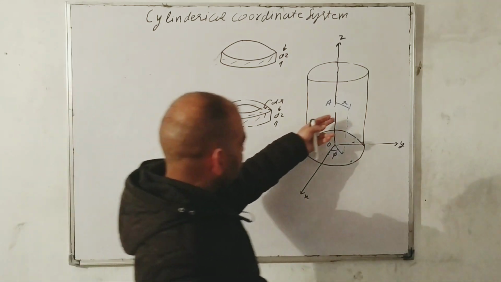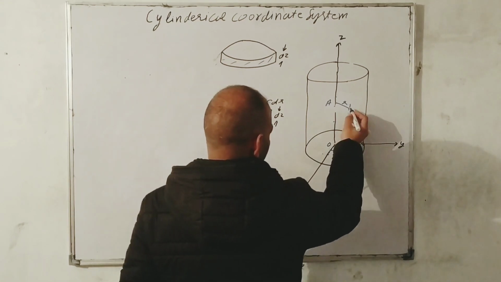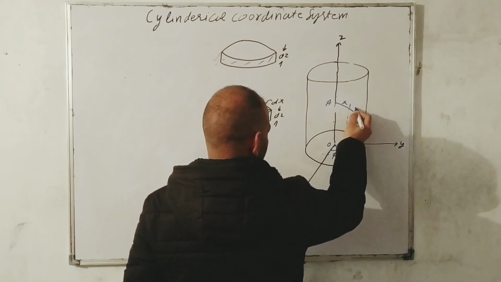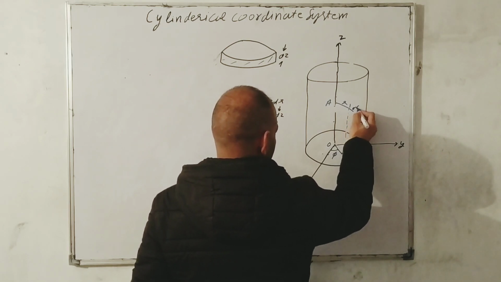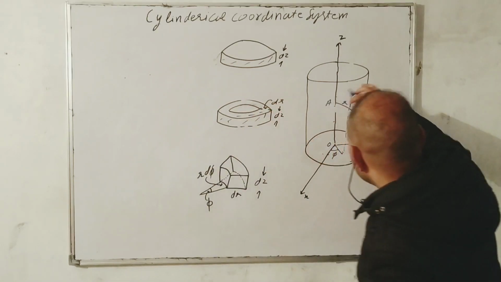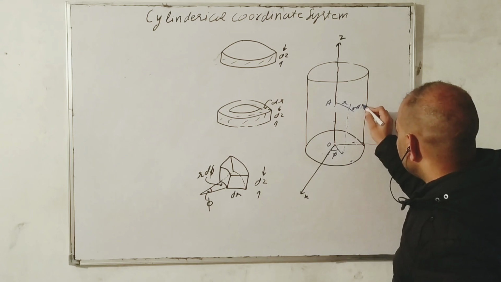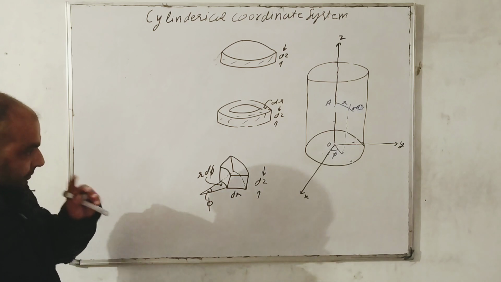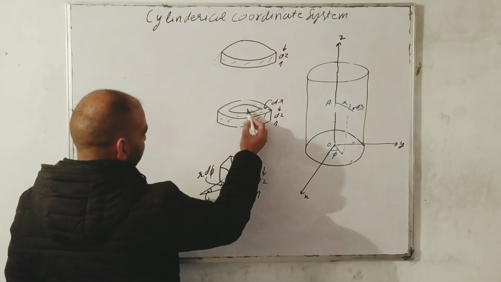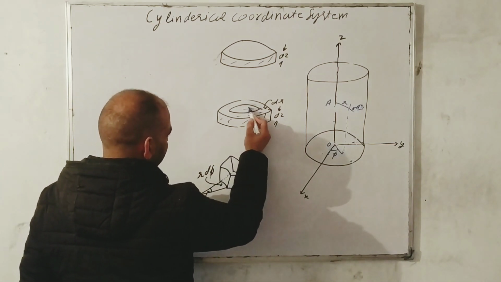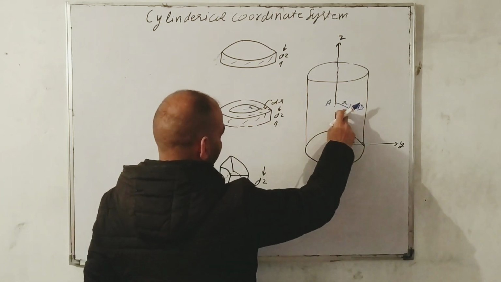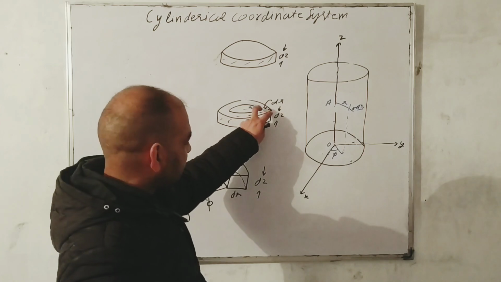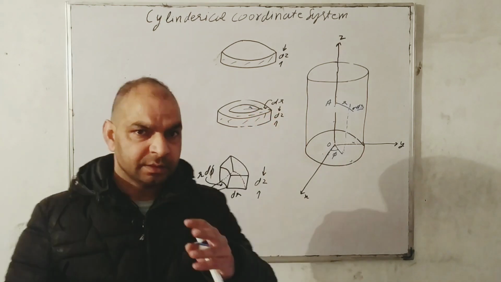The next variable is r. So similarly we will do a small change in the r direction. Let this particular difference be dr. I have drawn it here. Initially it was r, the distance of this point. Now it is r plus dr. So there is a small increase in the radius of this cylinder.